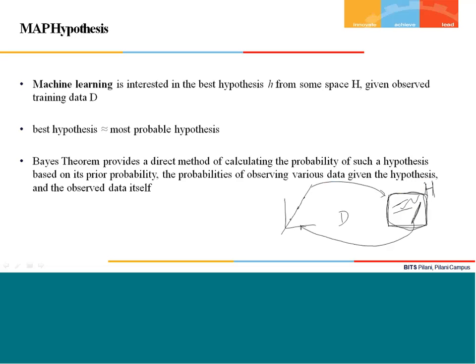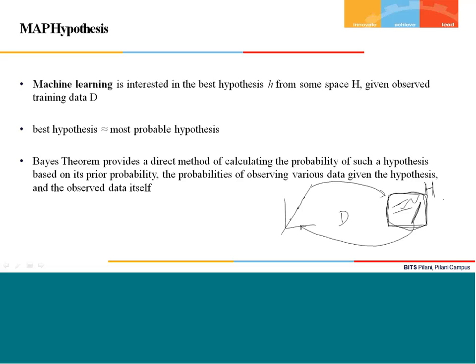So machine learning is interested in the best hypothesis h from some space capital H given observed training data. That's what I described. So the best hypothesis is the most probable hypothesis.